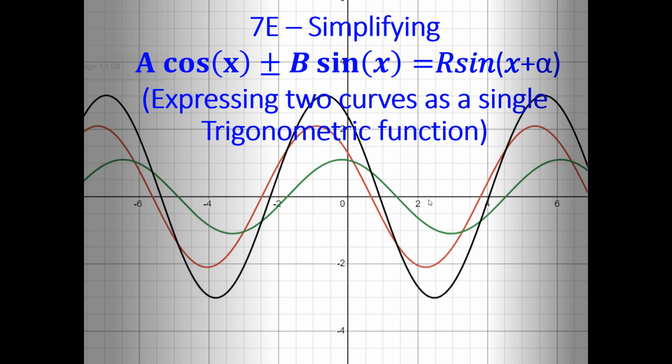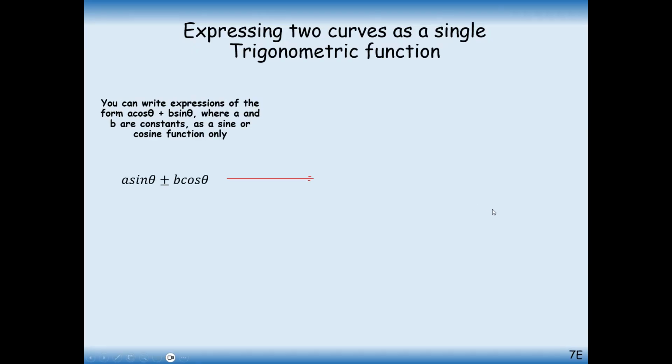In this very first example, this is one more time, showing curves with different amplitudes can be added together to give you either a sine curve or a cosine curve. Now, the amplitude of the resulting curve has a value of R, capital R, and there will be a phase change, which is given by alpha inside the bracket.